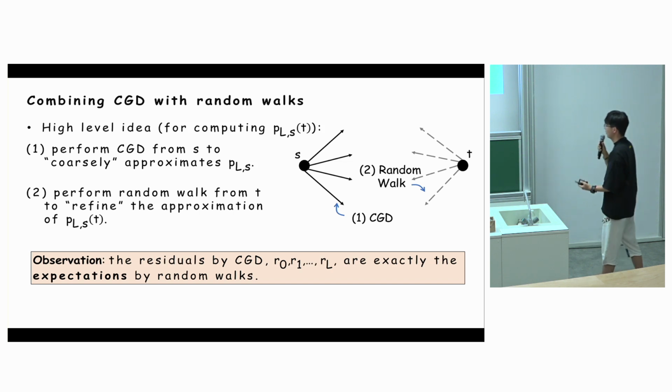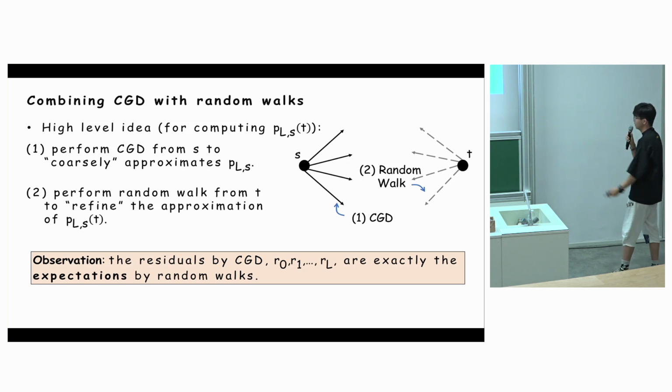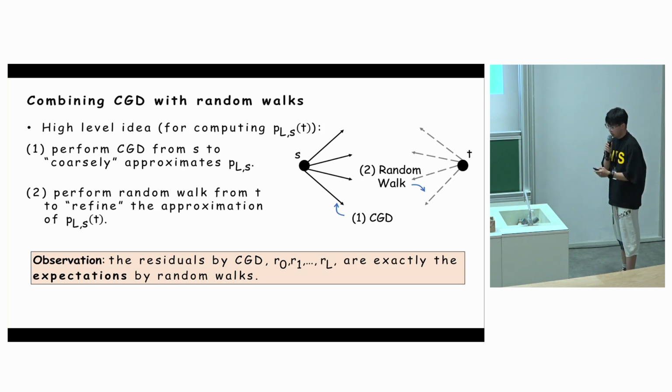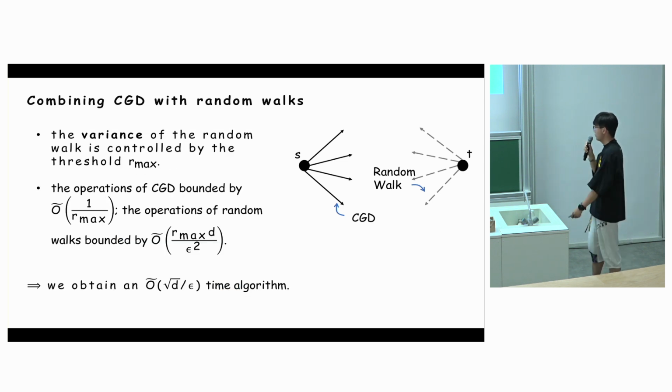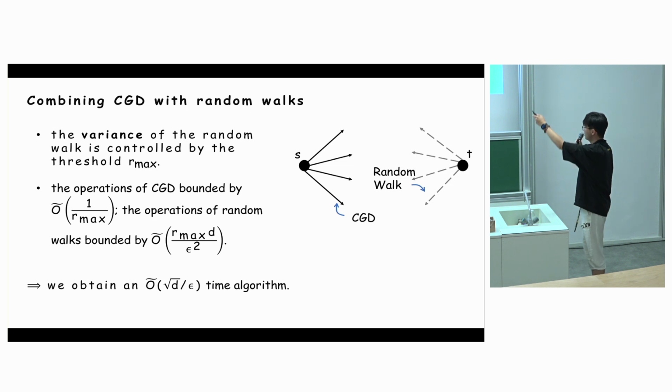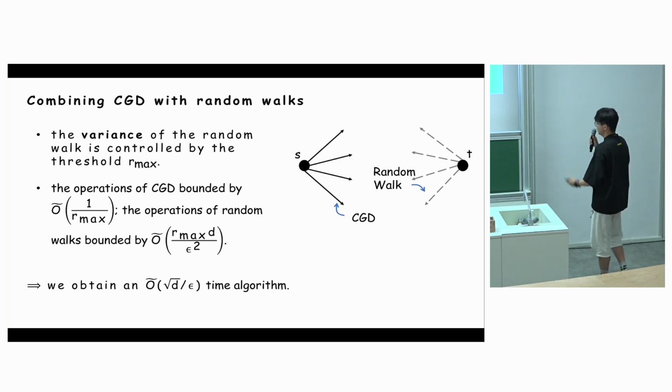The observation is that the residues by the deterministic algorithm R0, R1 to RL are exactly the expectations by random walks. Therefore the variance of the random walk is controlled by the threshold Rmax.